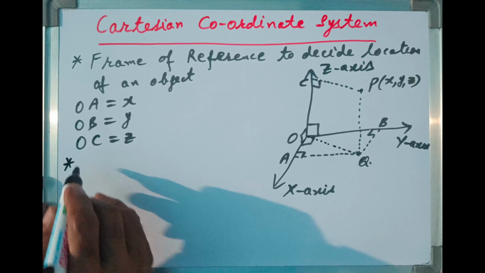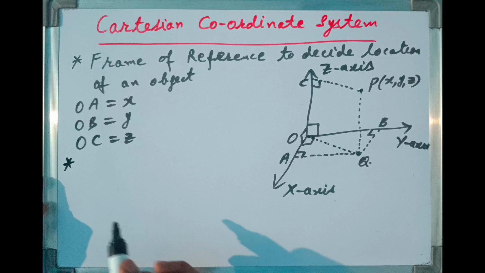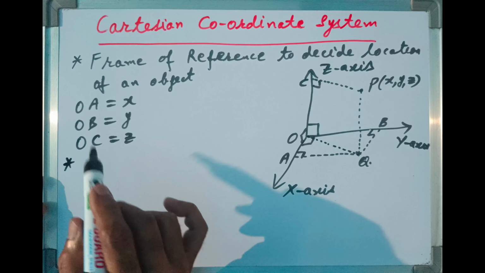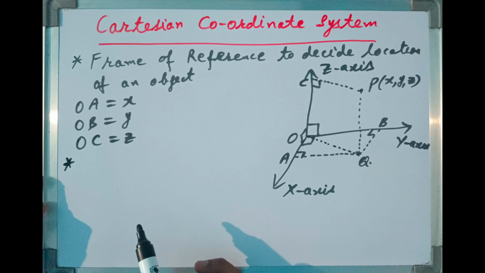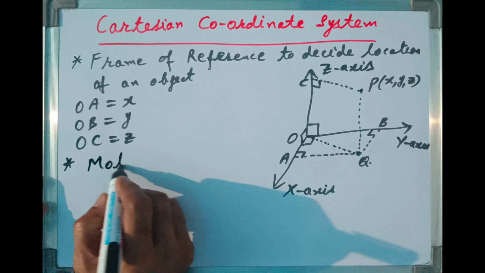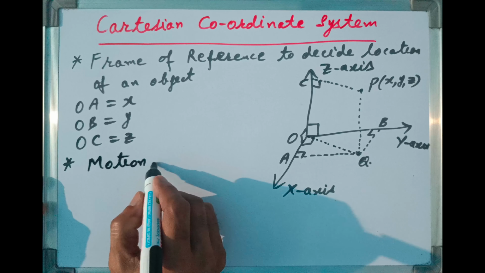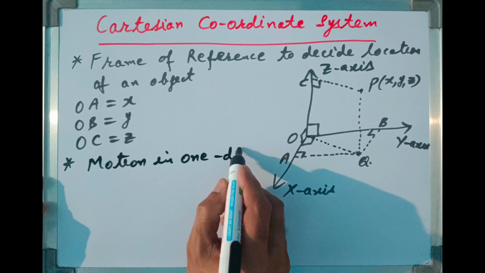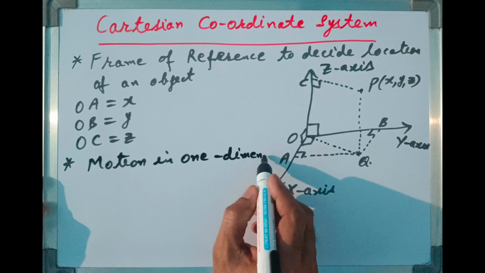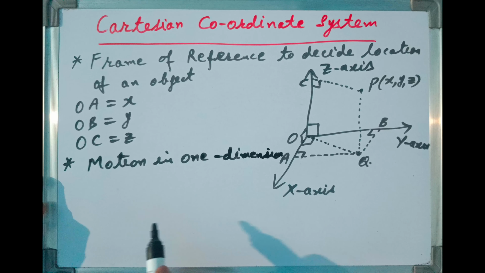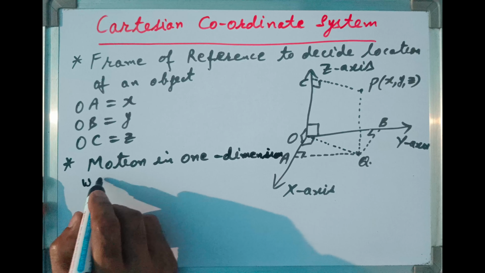Next, I want to share that if a body moves in such a way that only one coordinate changes, the other two remain the same, then the motion of the body is said to be motion in one dimension. So motion in one dimension means when only one coordinate changes.